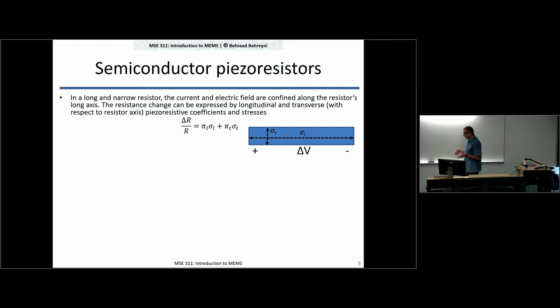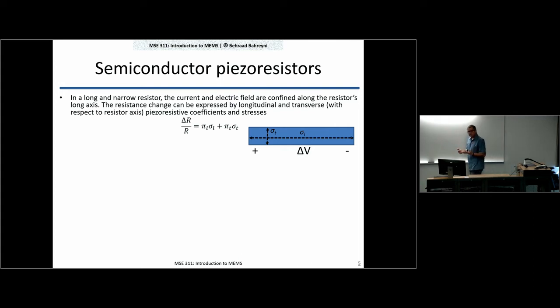Remember that a lot of these semiconductive materials are crystalline. Once you have a crystal, everything is a function of the direction. And that's the case for piezoresistivity. If you look at the piezoresistive coefficients for materials, let's say silicon, it's a strong function of the direction that you have.